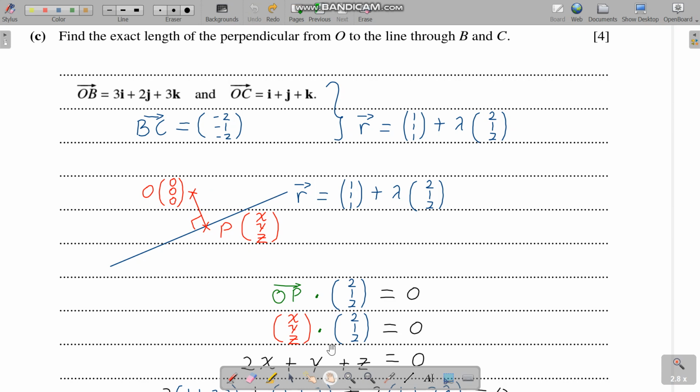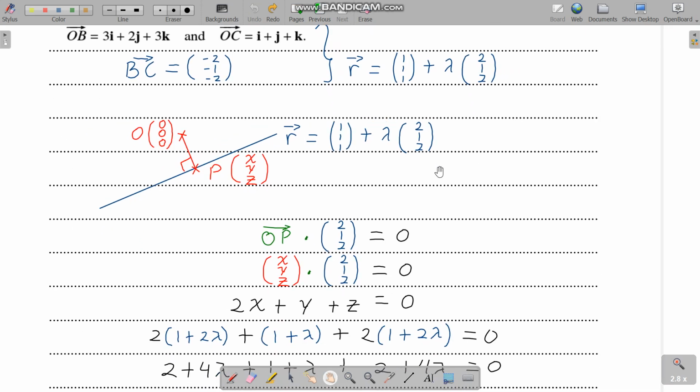Since OP is perpendicular to the line, we can use the vector OP dot the line direction equals 0 because they are perpendicular. So the vector OP is P minus O: x minus 0, y minus 0, z minus 0. So just x, y, z. This is the vector OP, and this is the line direction.